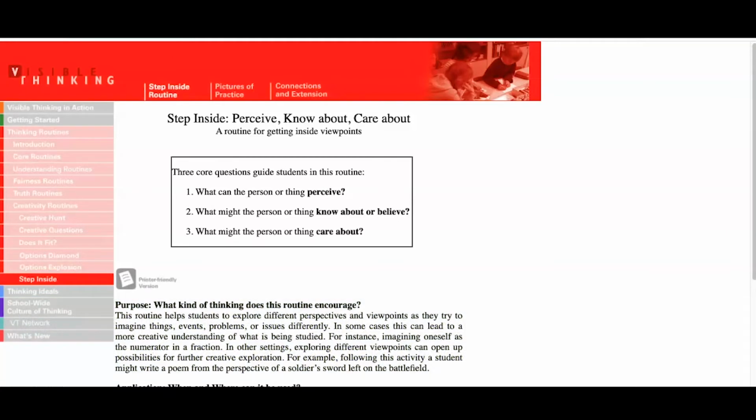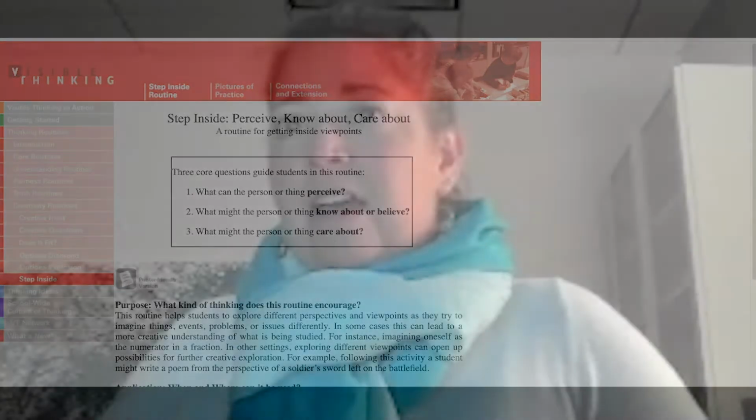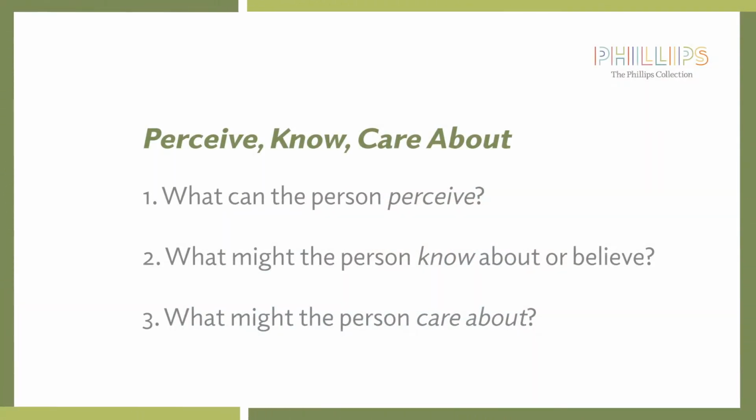And so I was going to do with you all tonight a routine called Step Inside: Perceive, Know, Care About. This routine is really good at getting students to empathize, for one, to use another one of the Prism.K12 strategies, but also to really examine details in an artwork. So it's based on these three core questions.